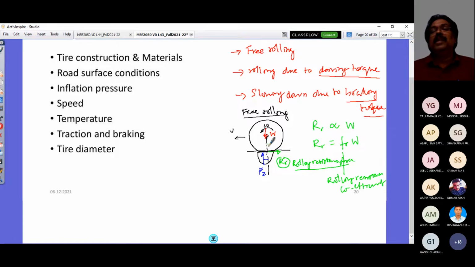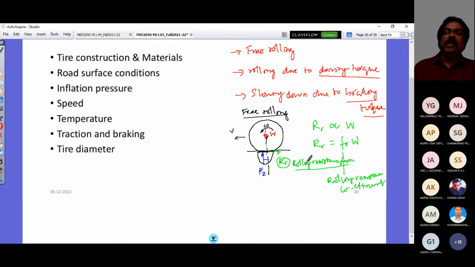It's because of the dissipation of energy due to tire deflection, the tread deflection during its rolling action. The tread deflection during rolling is what is making this non-uniform distribution of the normal pressure, and the resulting force of that normal pressure and the corresponding couple is the rolling resistance couple, and that is balanced by this force.